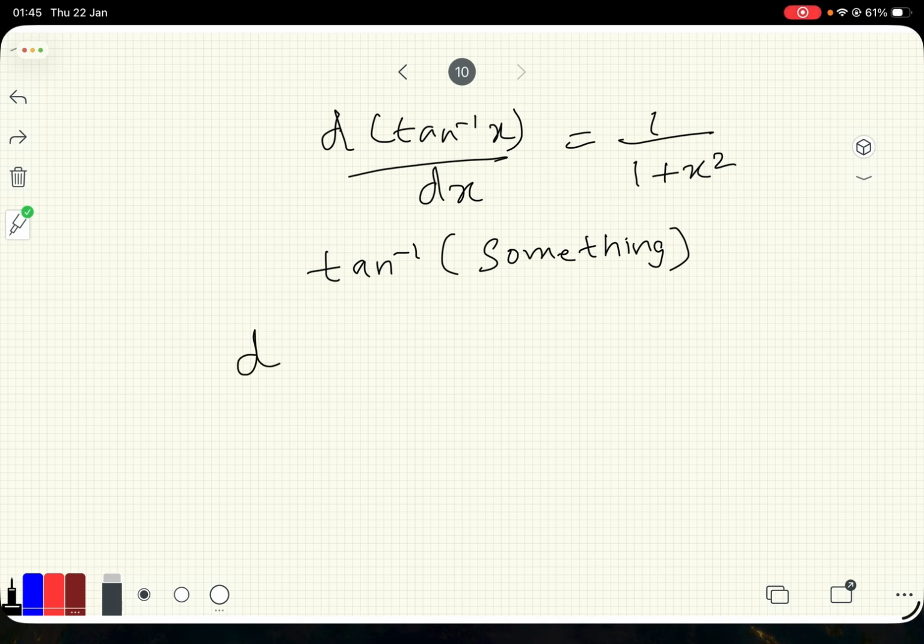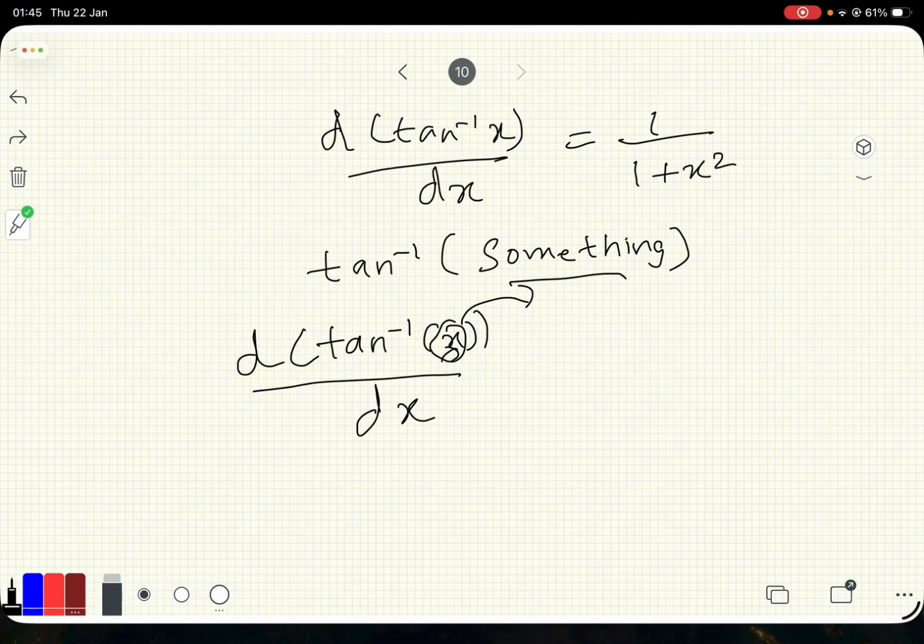It is the derivative of tan inverse of something, with respect to x. You might get a, b, c, whatever, but let me take that something as u.